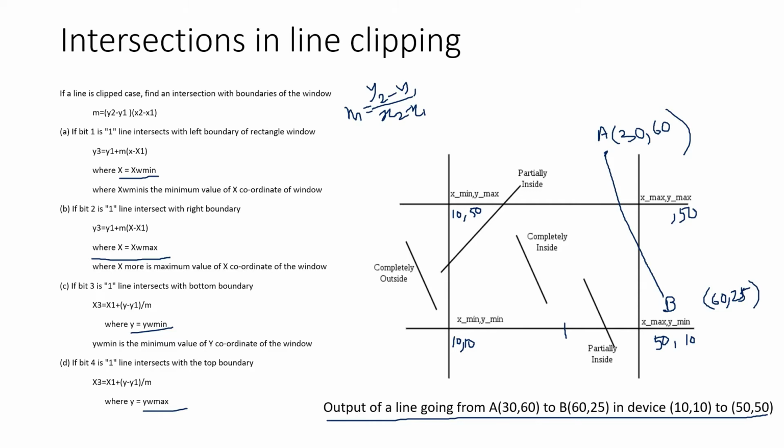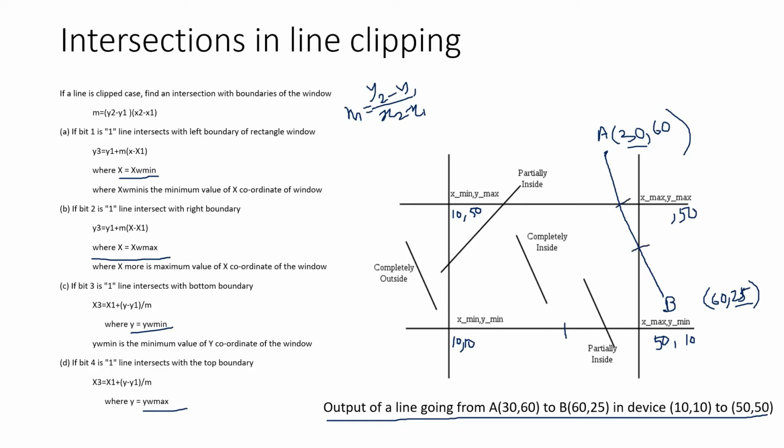If this was totally beyond the range of 50, and this was also totally beyond the range of 50, then we could have said that it is absolutely outside, but you can see that this is partially inside.